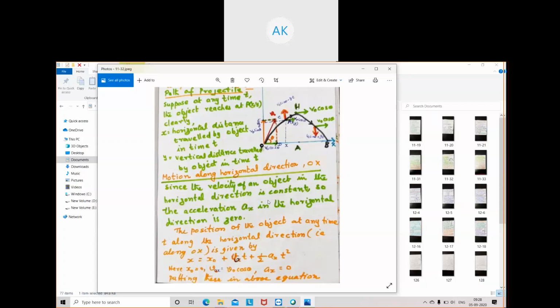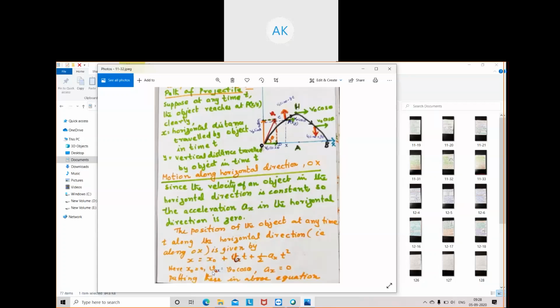So the position of the object at any time t along the horizontal direction is given by x equals x0 plus v0x into t plus half ax into t square. We have split that equation into two parts, x component and y component, and while studying horizontal motion, the x component is taken.